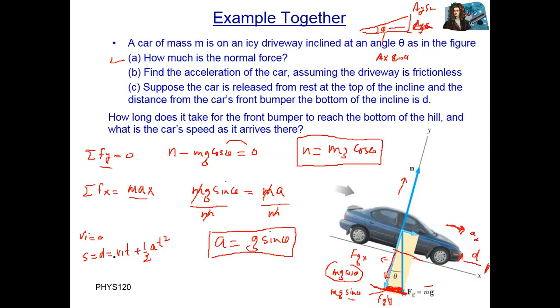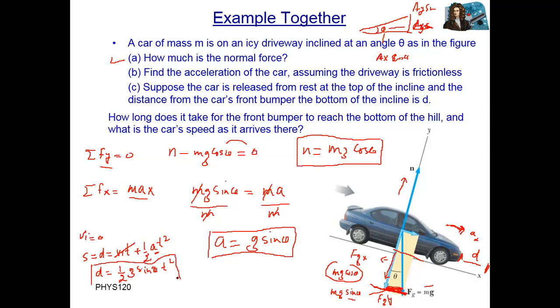But initial velocity is 0, so this term is 0. Distance is equal to only 1 over 2 a t square, and the value of a is g sine theta. So we can write d equals 1/2 g sine theta t square. This equation is for distance.